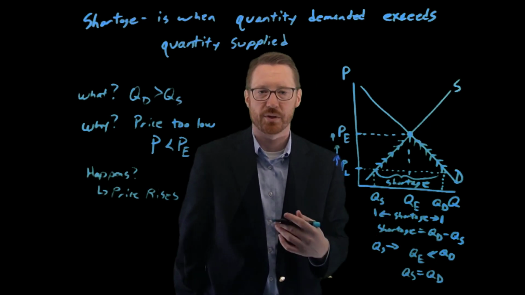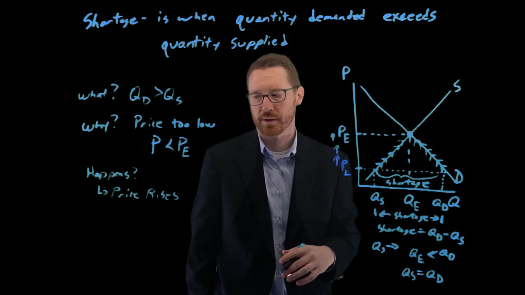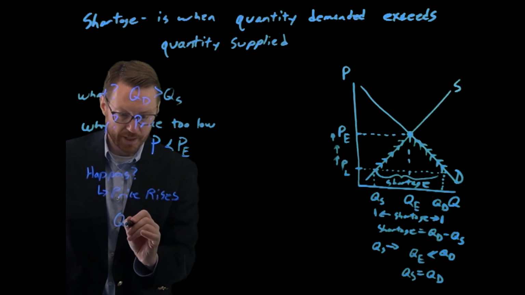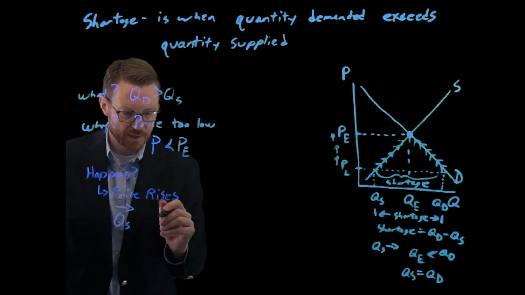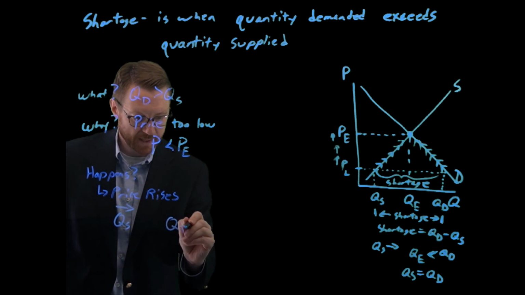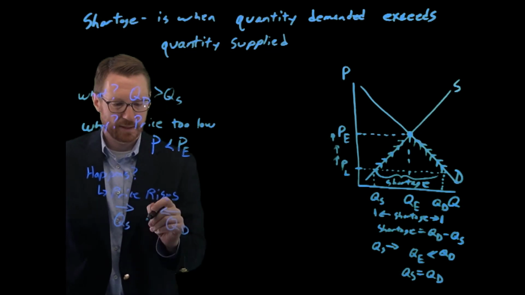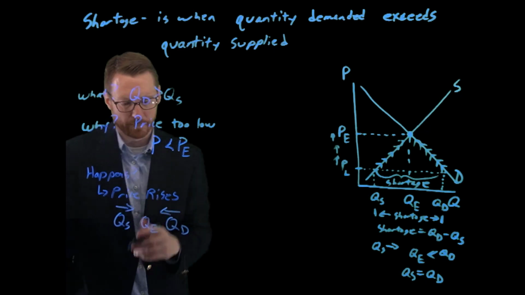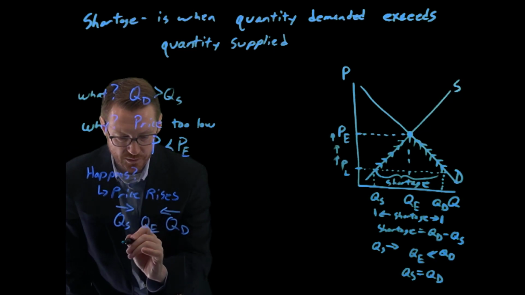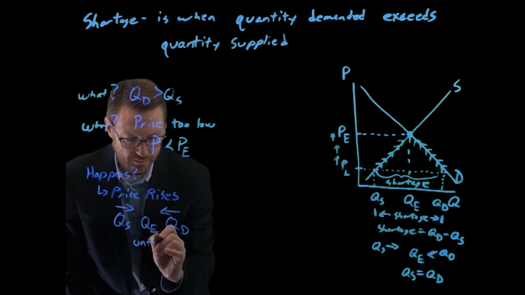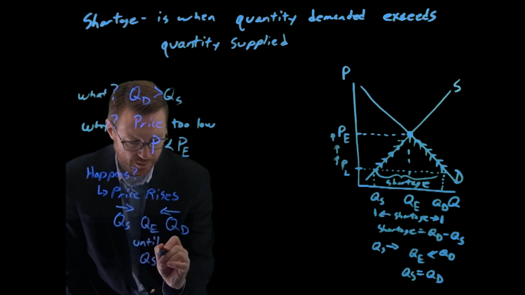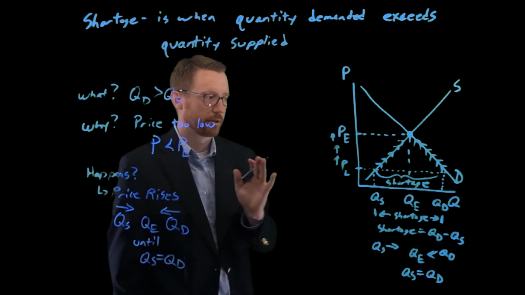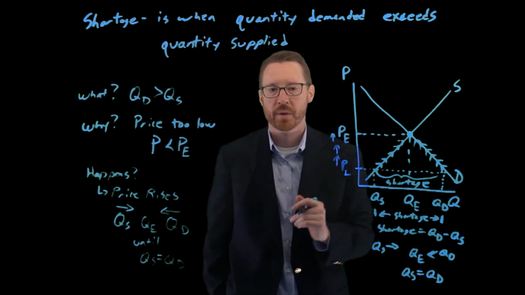As economists would say, the market clears. So the price rises, the quantity supplied is increasing, the quantity demanded is decreasing, and they're both moving towards the equilibrium quantity. This process continues until quantity supplied equals quantity demanded, and our shortage has been resolved.